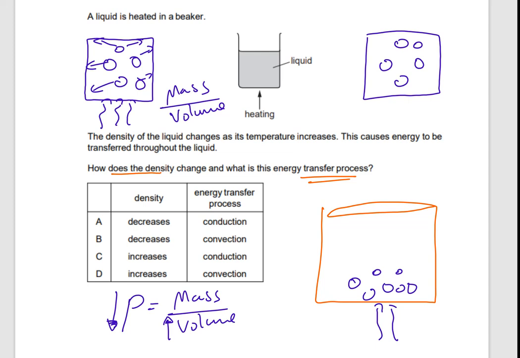If you consider only this part of the water molecules, when you heat it up, they gain energy and move to the surroundings, for the same amount of mass.